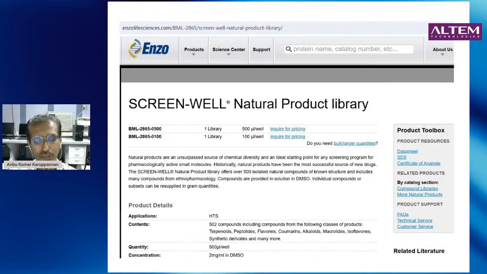So many different natural compounds are there, and all of them are in liquid format, dissolved in dimethyl sulfoxide at a concentration of 2 milligrams per ml. And this is supplied in a 384 well format. They give many plates, and 2 milligrams of that is 1 ml of each liquid.